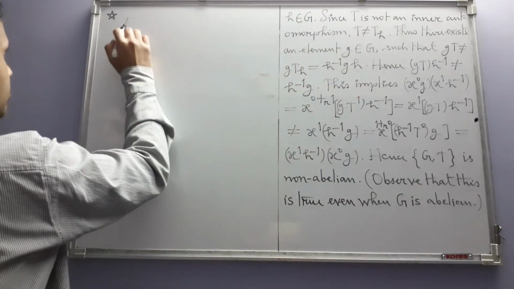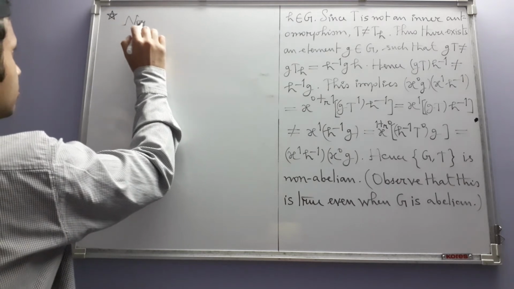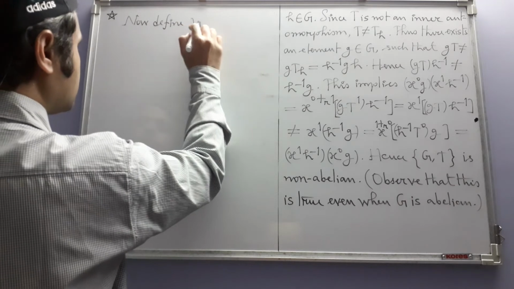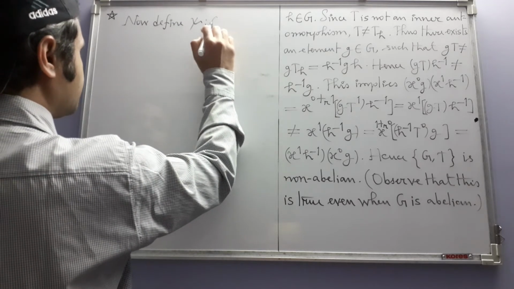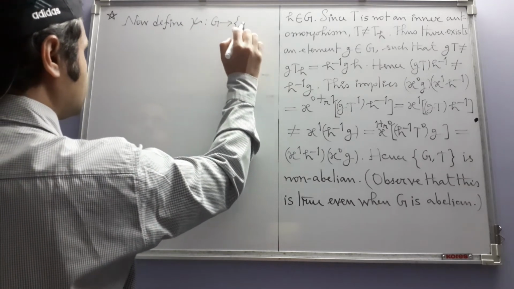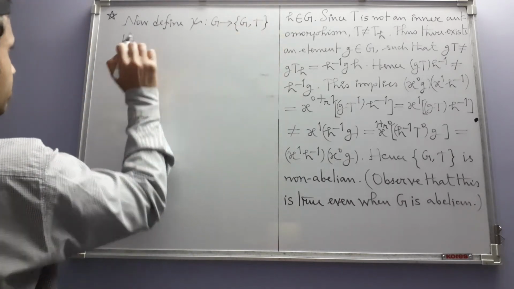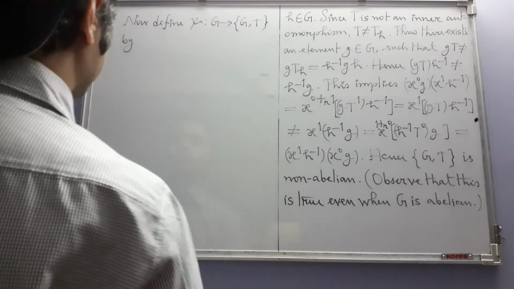Now define a map psi from G to this group by this formula.